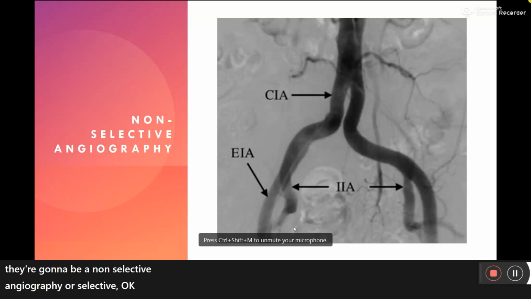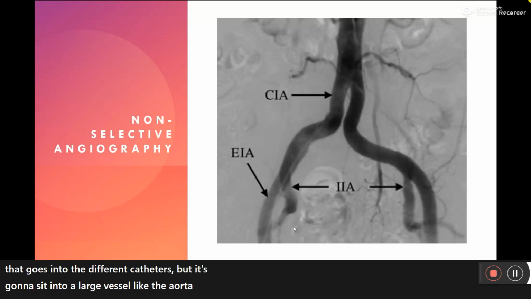It's going to sit in a large vessel, like the aorta, and we're going to take a big general picture. This big general picture, this non-selective angiogram, is going to show us where all of these different bifurcating vessels are coming off. So here, you can see the catheter on the right side going up the vasculature.